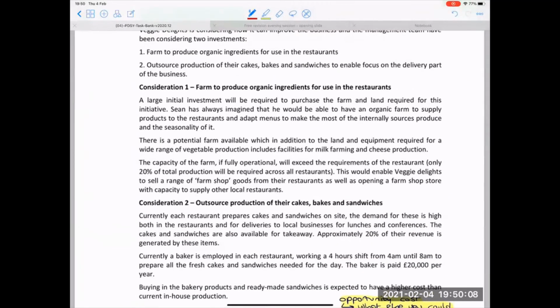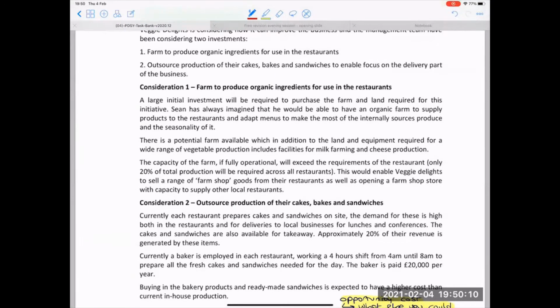So if we're going to get a farm to produce organic ingredients for use in our restaurants, then a large initial investment will be required to purchase the farm and the land required for this initiative. Sean has always imagined that he would be able to have an organic farm to supply products to the restaurants and adapt menus to make the most of the internally sourced produce and the seasonality of it.